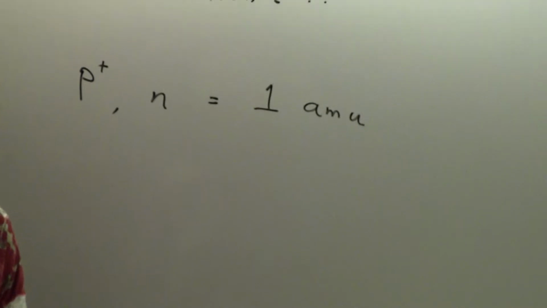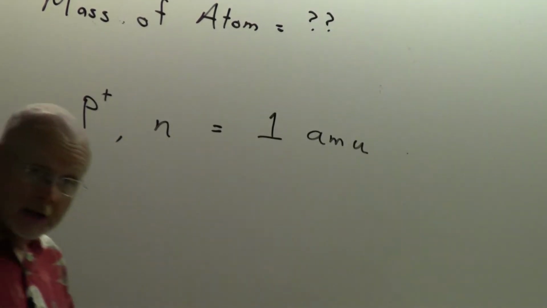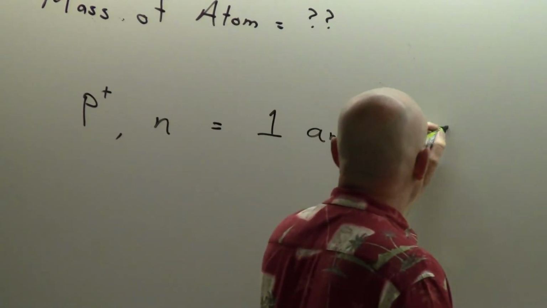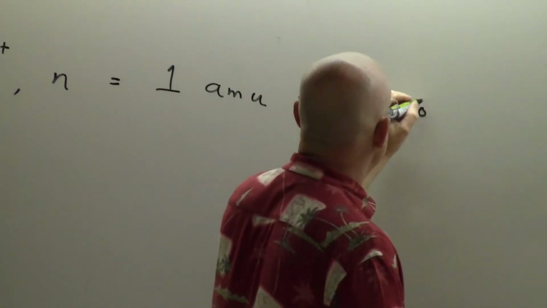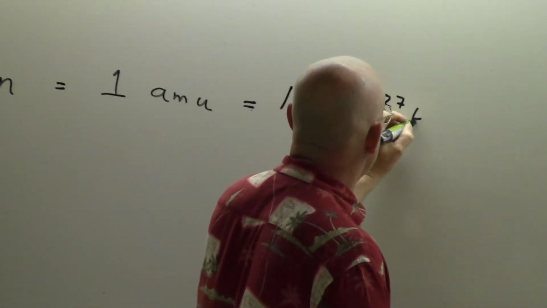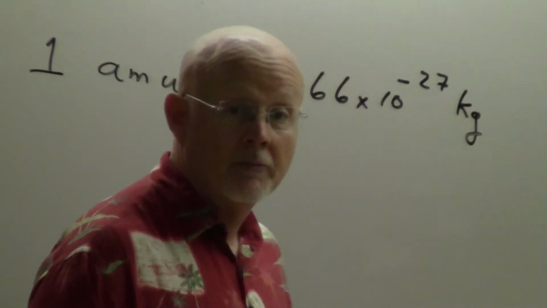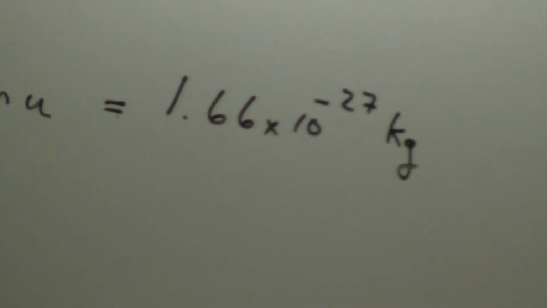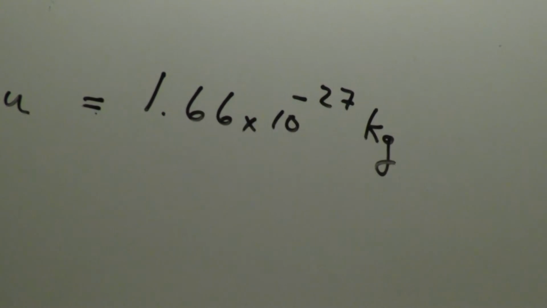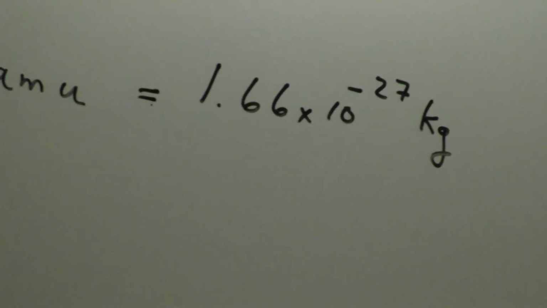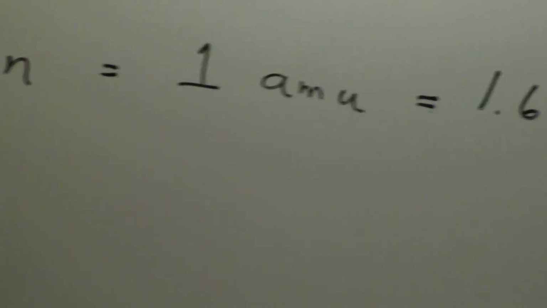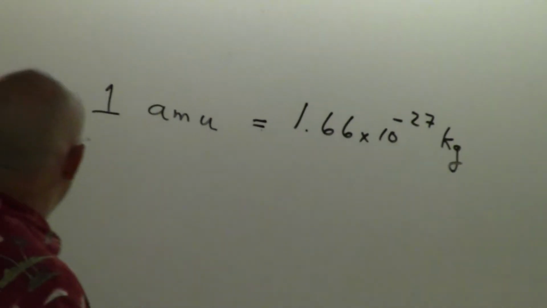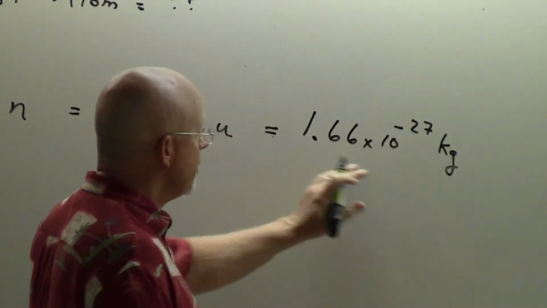They roughly weigh the same. Now, an atomic mass unit is about 1.66 times 10 to the negative 27 kilograms. And so times 10 to the negative 27 is a really small number. So not a surprise that the mass of one proton or one neutron is really, really small in terms of kilograms.